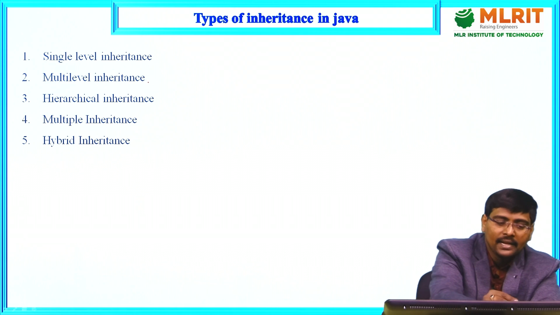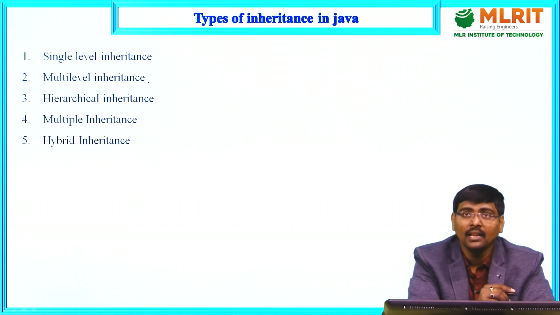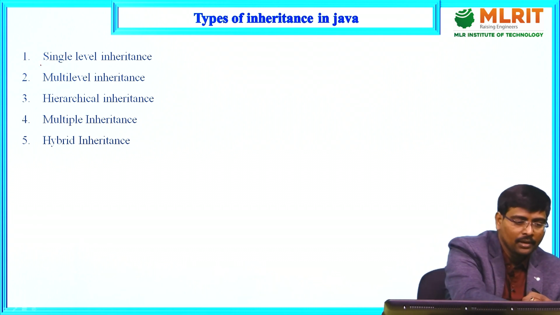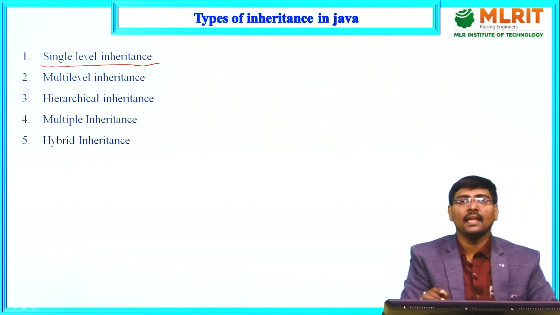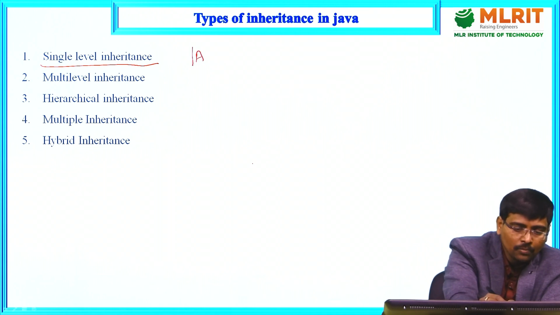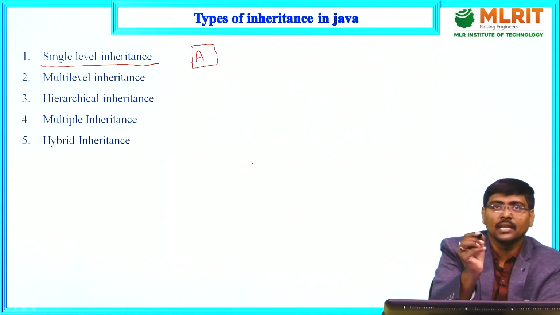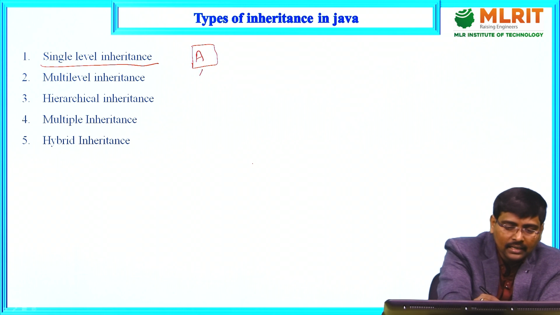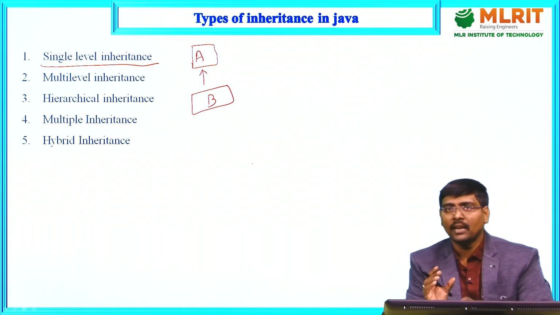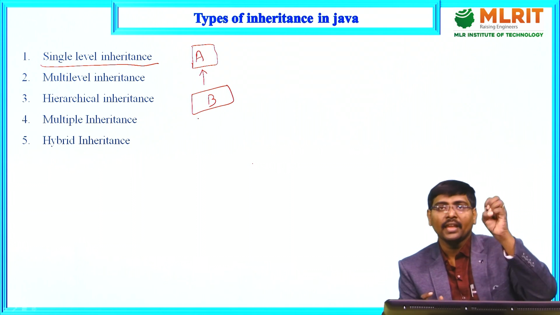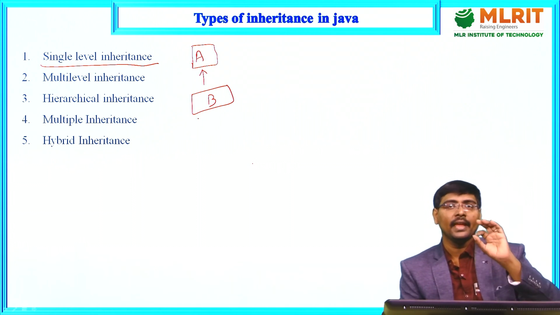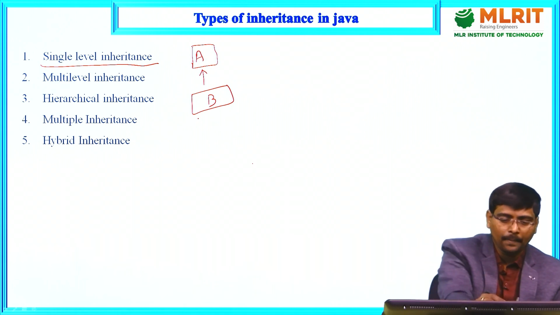What are the different types of inheritance? Single, multi-level, hierarchical, multiple and hybrid. First one, single level inheritance. Assume A is the parent class and B the child class. Only one level, one child extends the properties from the parent.